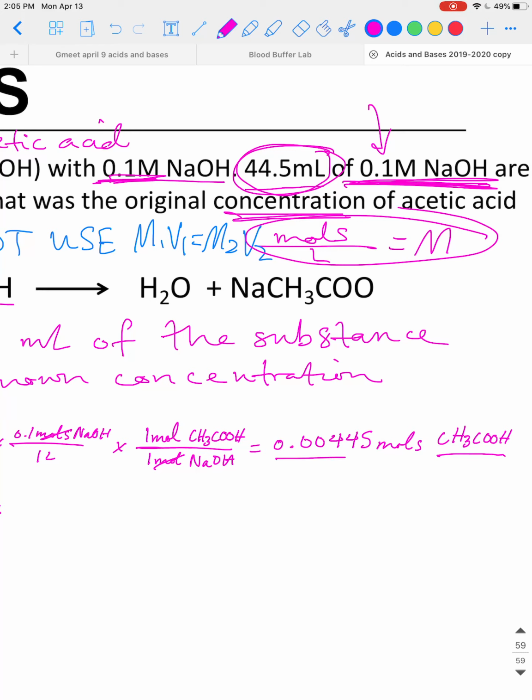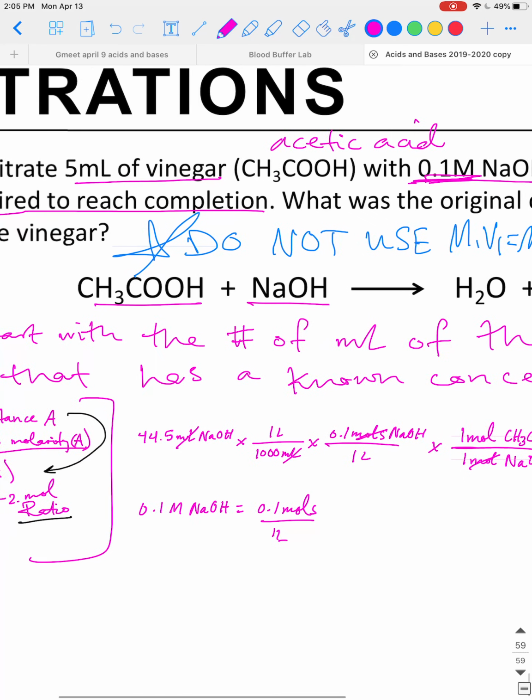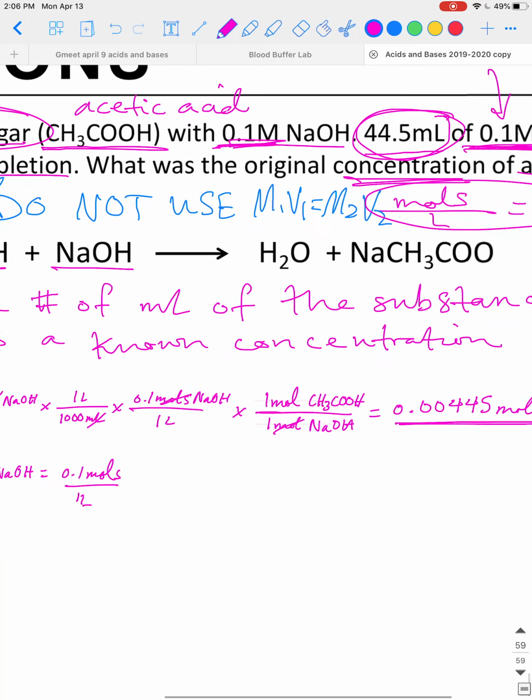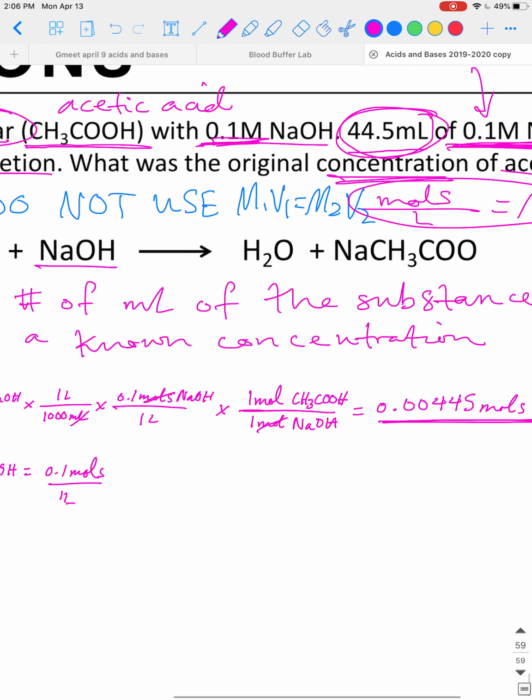Acetic acid here. Now to get molarity, we said it's moles divided by liters. We have moles on top already. Why don't we just divide it by liters? Well, what is our liters of acetic acid? The problem tells us we have 5 milliliters of vinegar, and that's our acetic acid. We need to know that volume in liters.